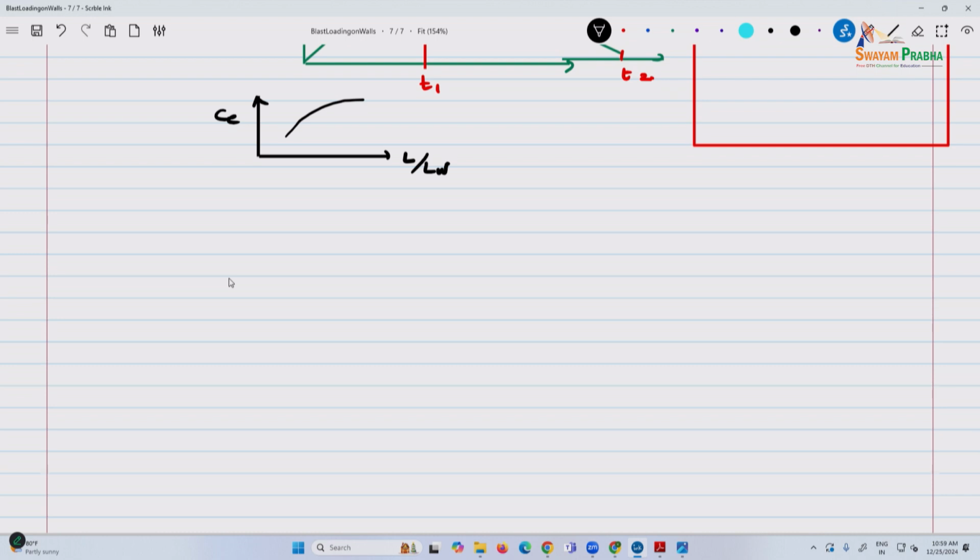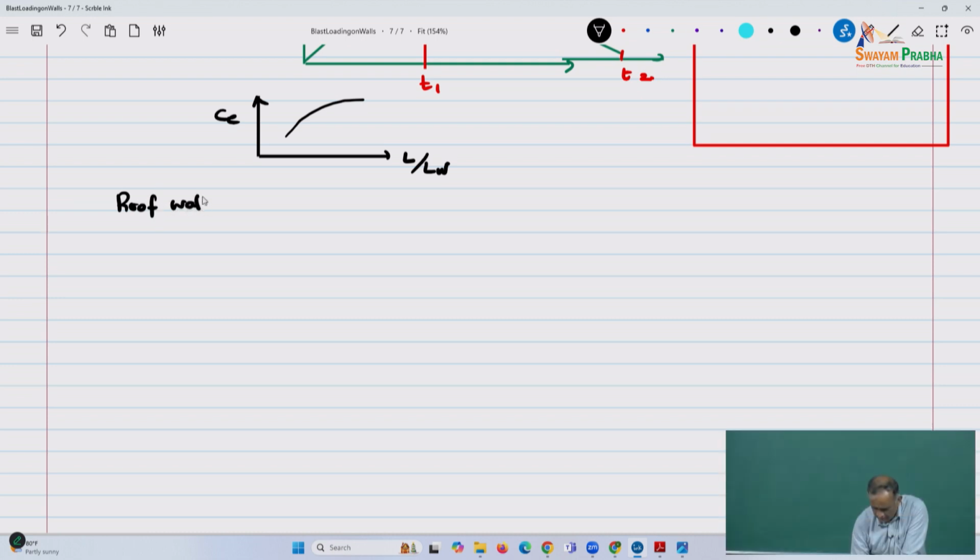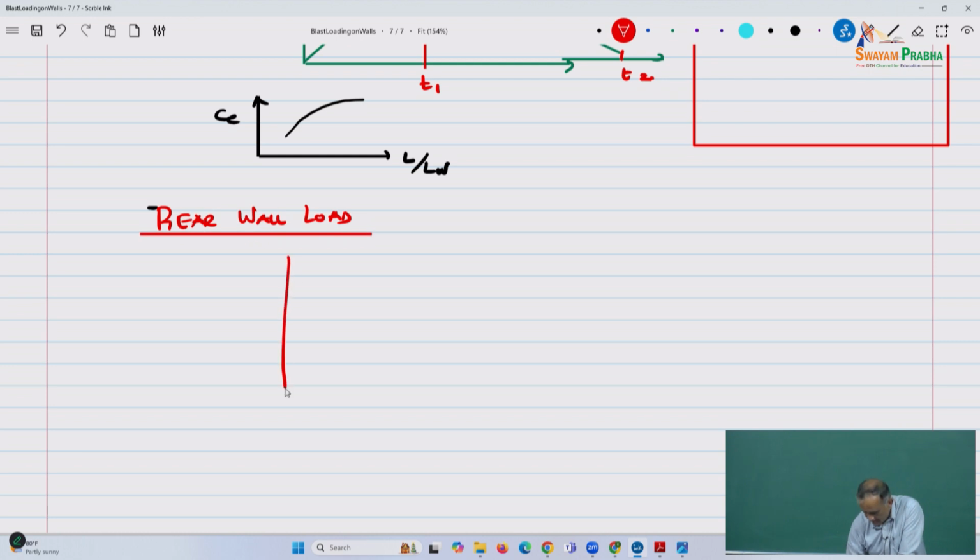And then finally, the roof wall, not roof, the back wall, rear wall. So the rear wall load is similar.